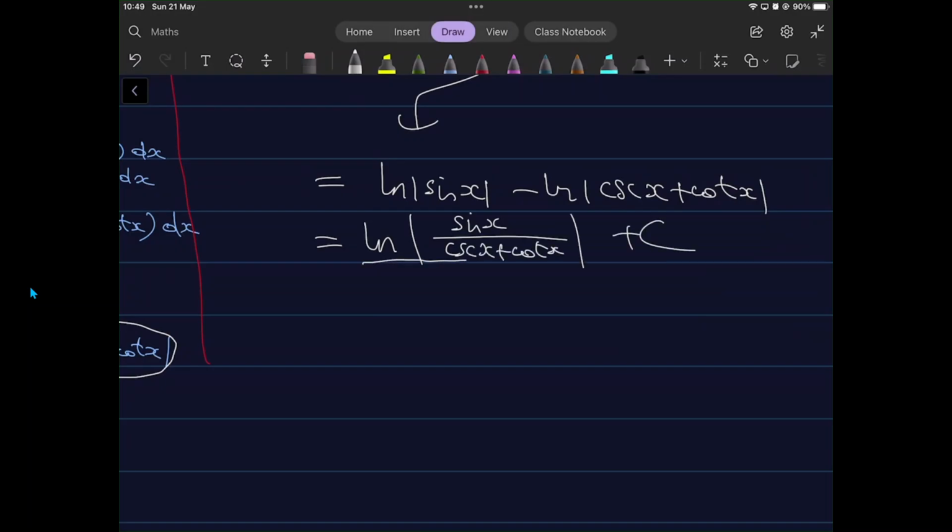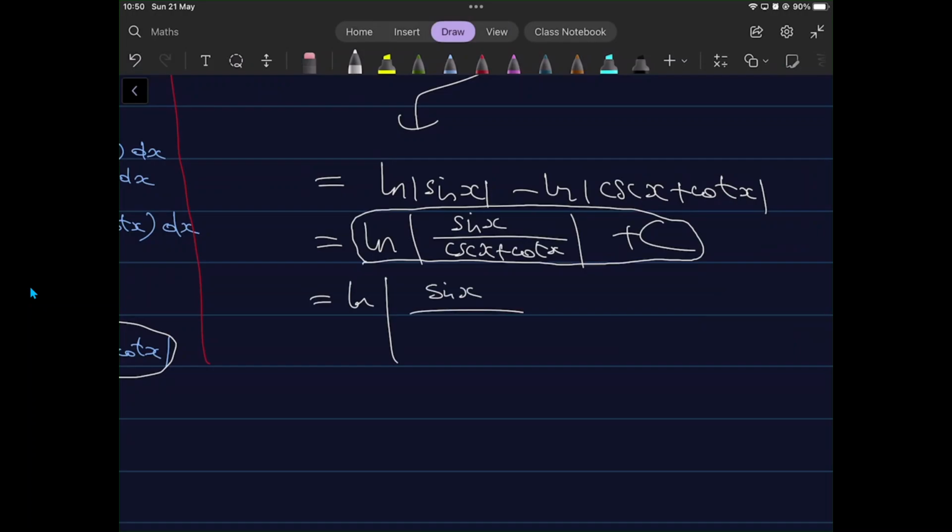Now, maybe we could simplify this further by writing cosecant and cotangent in terms of sine and cosine, but I don't really think there's any point in that. Well, cosecant is 1 over sine, cotangent is cosine over sine. In fact, I'll just do that quickly. So ln of sine x on the top.